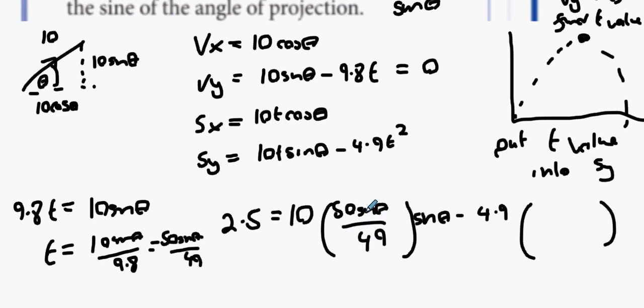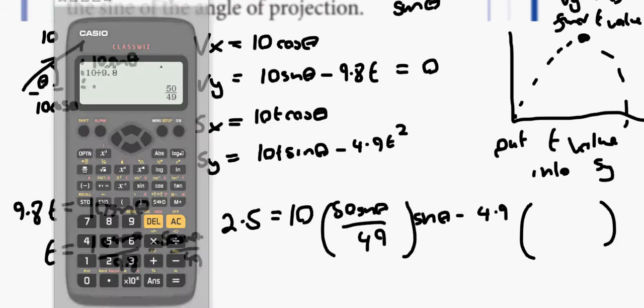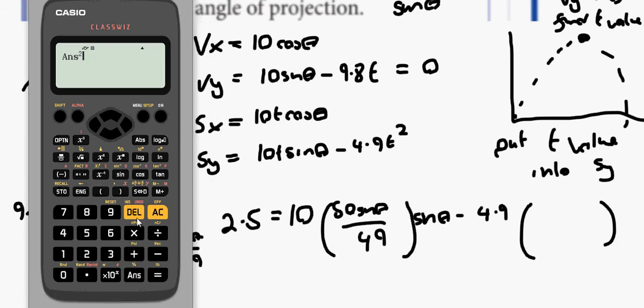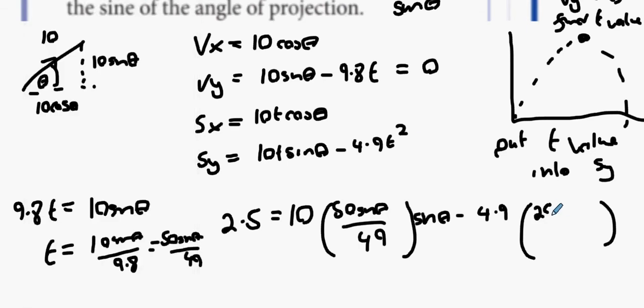Now I'm going to square that out. 50 over 49 squared, 2,500 over 2,401. It's t squared. That's going to be sine squared theta.